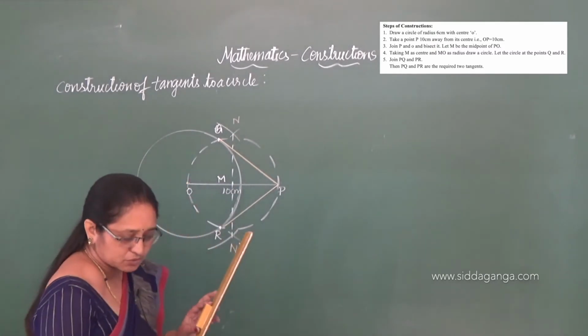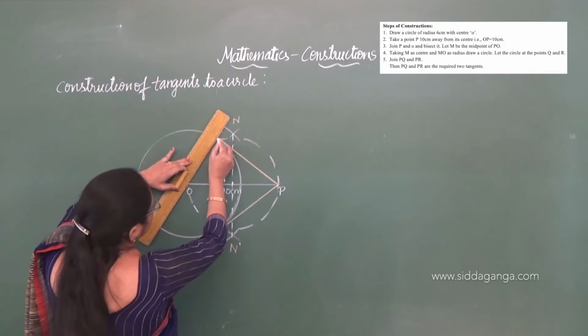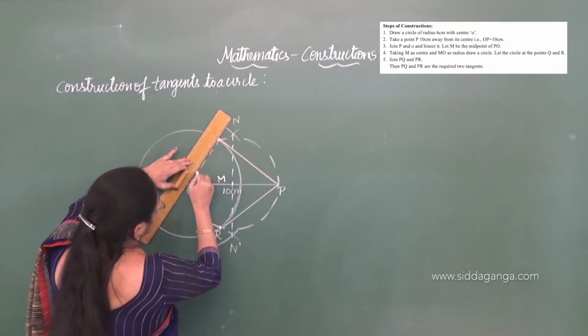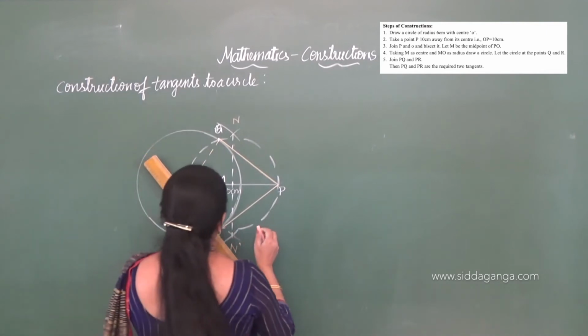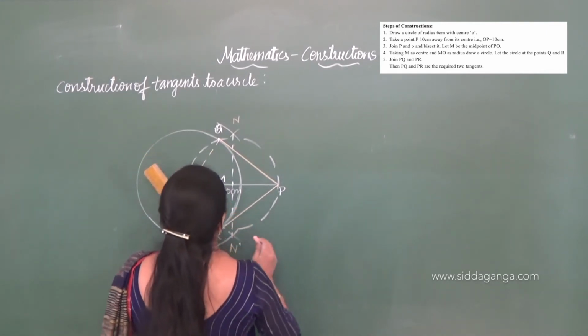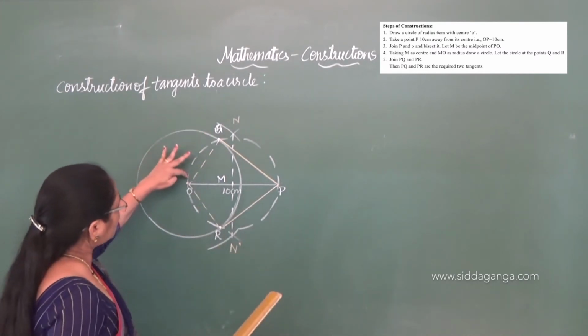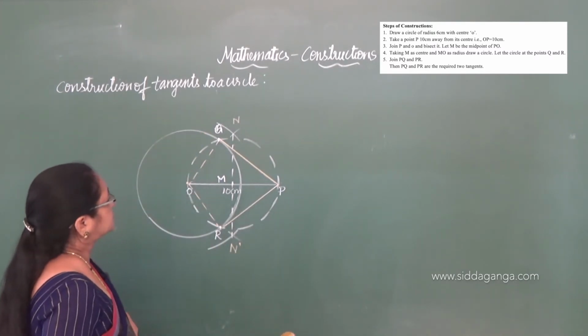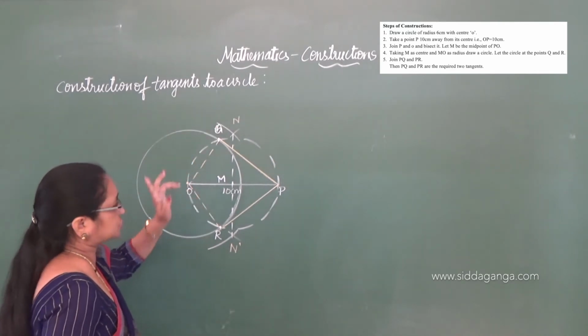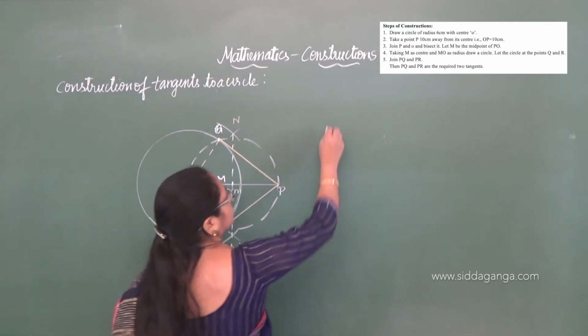So for that I am going to join this. See, I have joined QO and OR. So if you can see this, QO and OR are joined. So, justification.